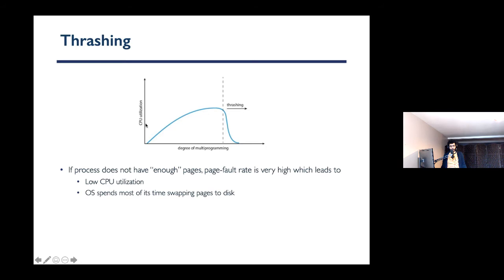And on the y-axis I have CPU utilization. Now, as I increase the number of applications that I'm running on my system, usually my CPU utilization goes up. For those of you who have done any kind of performance profiling of systems, you usually look at CPU utilization as a metric for how efficiently resources are being used.